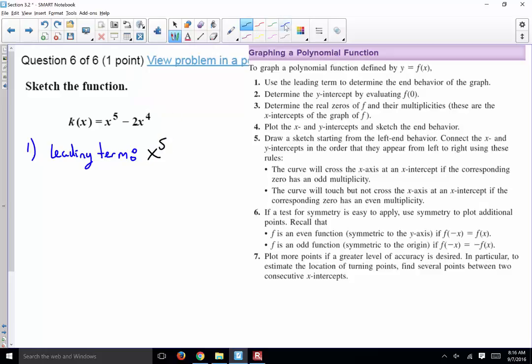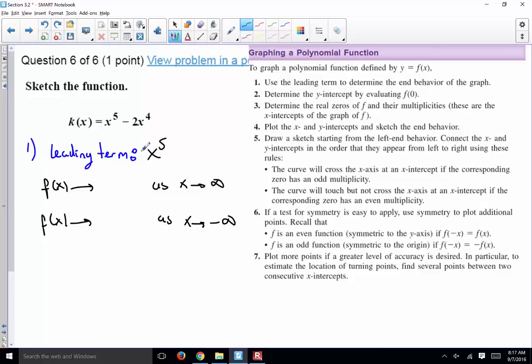Second, we need to describe this behavior. So what kind of behavior is this going to say about f? F of x is going to go where on the right side? F of x is going to go where on the left side? As x is on the far right and far left, where does f go?